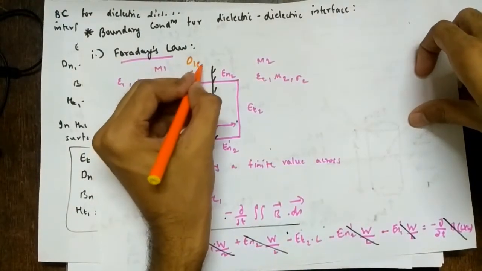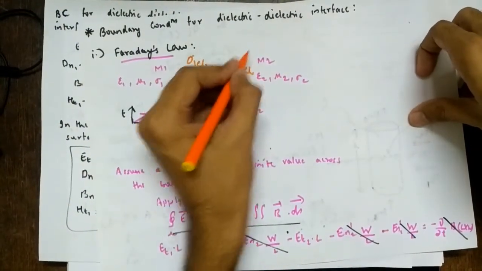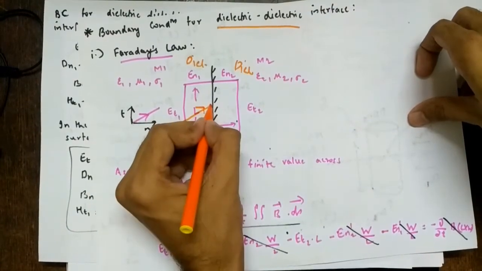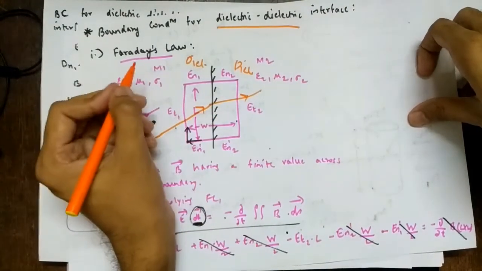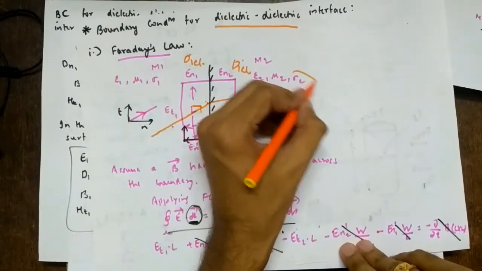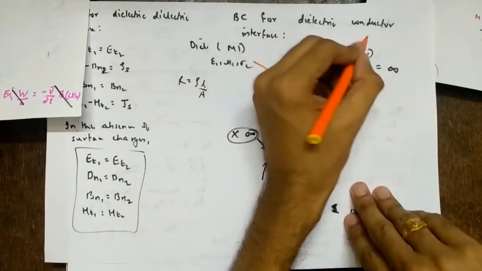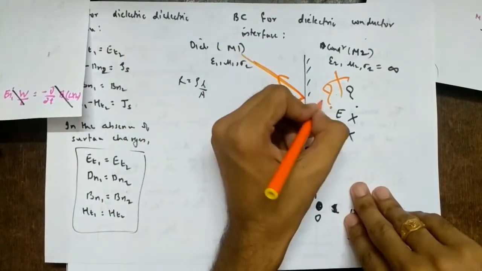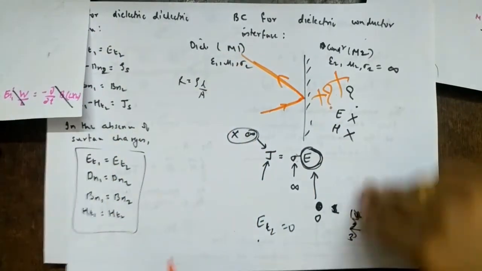Since this is dielectric, we derived it for the dielectric interface. If the electric field is incident like this, it will penetrate. Some part might get reflected, a very small part, depending on the value of sigma 2. But in case of a conductor, almost the entire thing will be reflected. Nothing will come here.